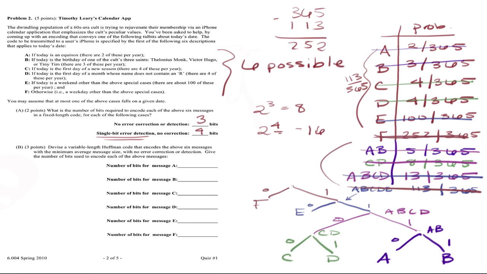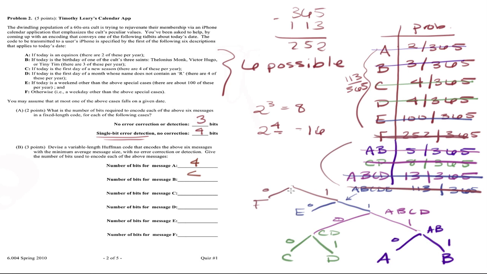So we can go back and we can determine the number of bits for each of these cases, right? So the number of bits for message number A, we go 1, 2, 3, 4. Alright, so number of bits for A is 4. Number of bits for message B, 1, 2, 3, 4.